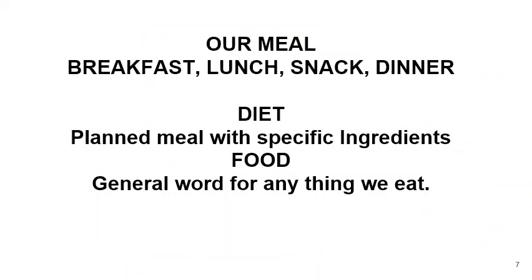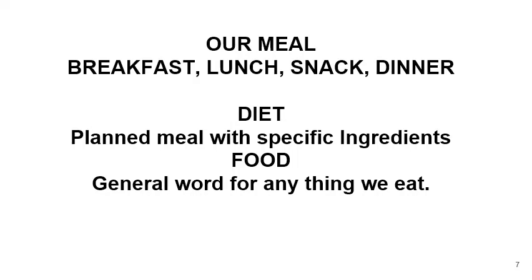Now, if you look at here, meal is the word used for the food we take. Our meal contains breakfast, lunch, snack, and dinner. Normally, we take 3 hours between each of these. Diet is a word used for a planned meal with specific ingredients.